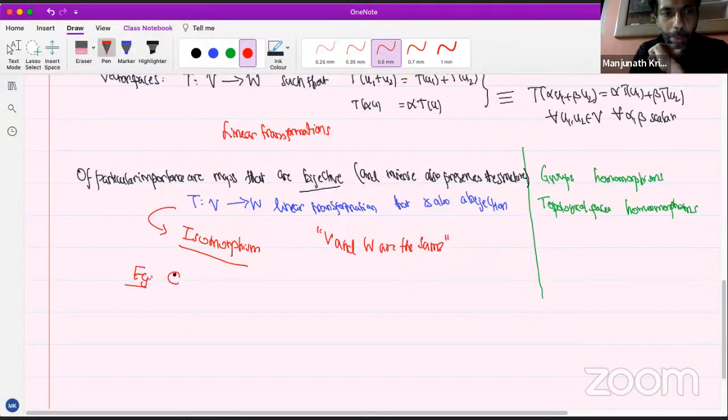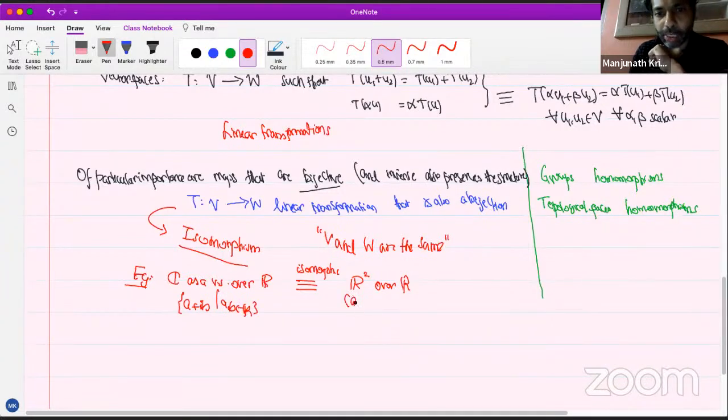An example is that if you look at the complex numbers as a vector space over R, it is isomorphic to the vector space R2 over R. Here you may write things as A plus IB. Complex numbers are like this.